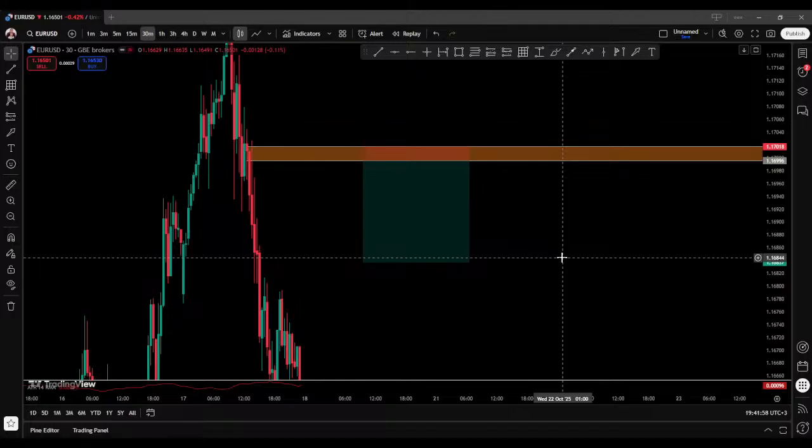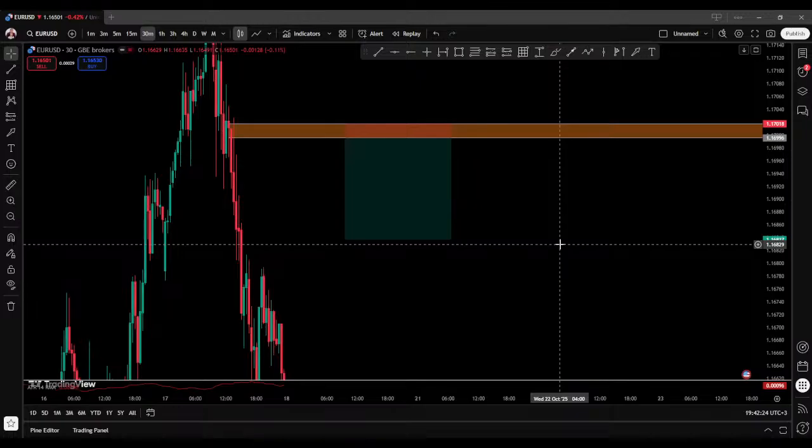20 pips every day. So even if we lose 5 trades, and because our risk to reward is not less than 1:10, even if we lose 5 trades and win 1 trade, we are still in profit. I'm telling you, we are still in profit. This is Euro USD.